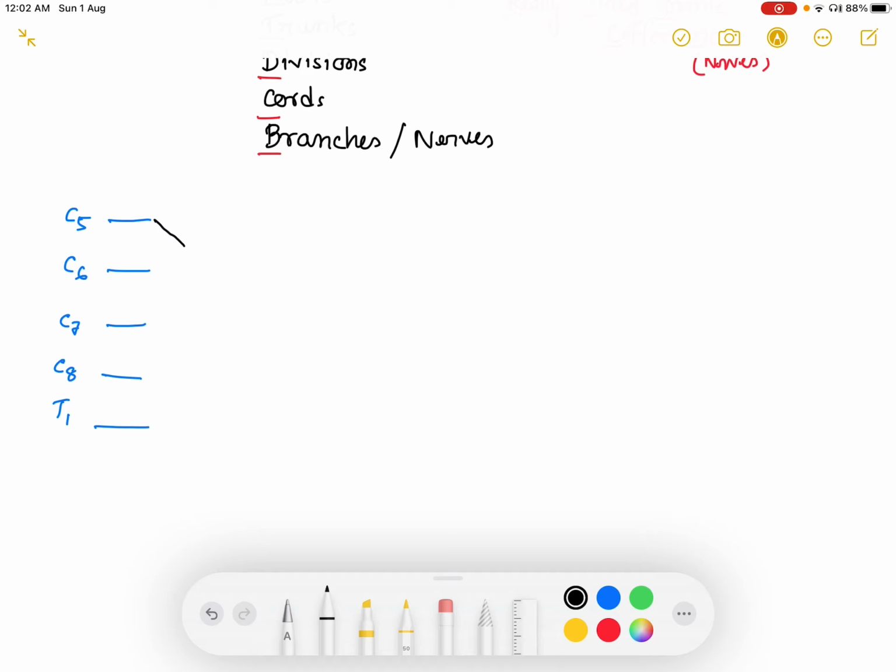C5 and C6 join to form the upper trunk, and C8 and T1 join to form the lower trunk. C7 itself forms the middle trunk. So the upper trunk is formed by C5 and C6, the middle trunk is formed by C7, and the lower trunk is formed by C8 and T1.